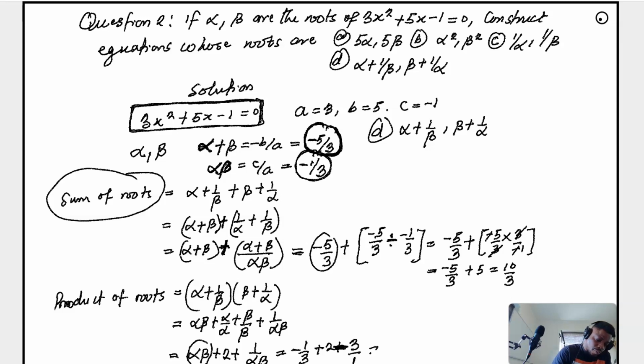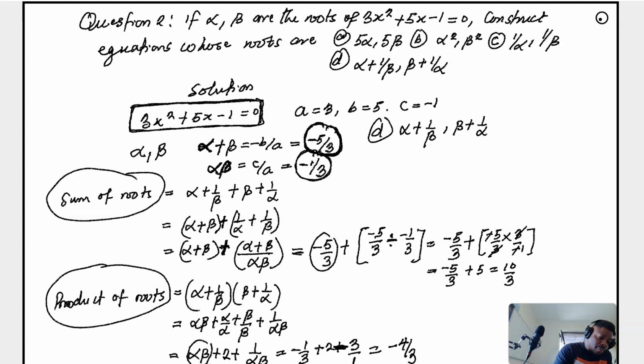I'll press the calculator for that also: minus 1 divided by 3, plus 2, minus 3. That is minus 4 over 3. So I've gotten my sum of roots and my product of roots.